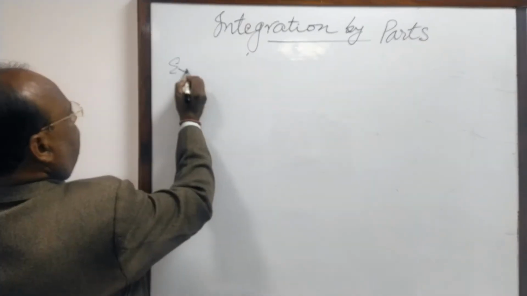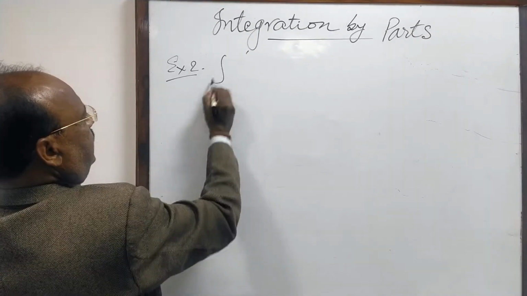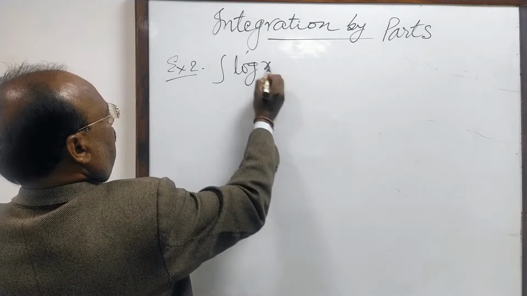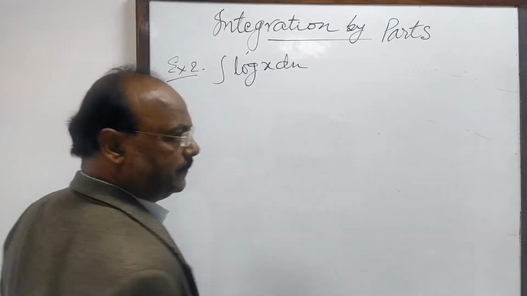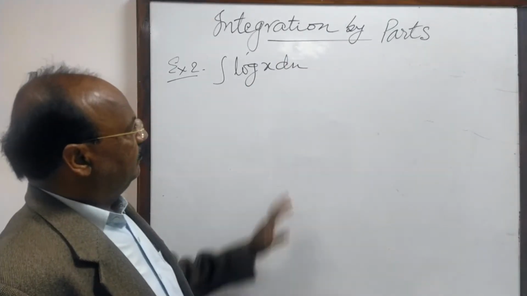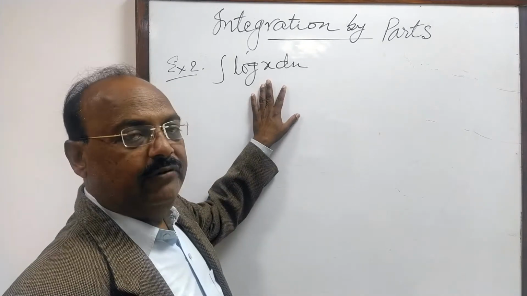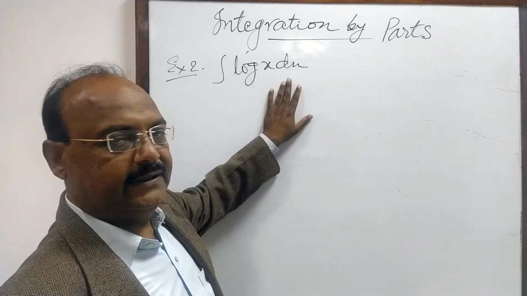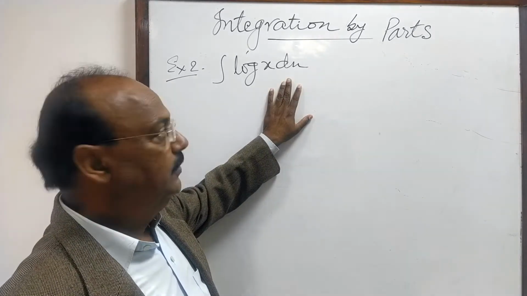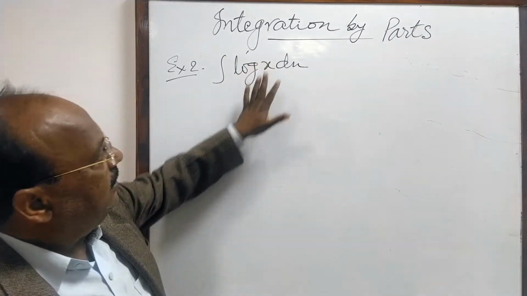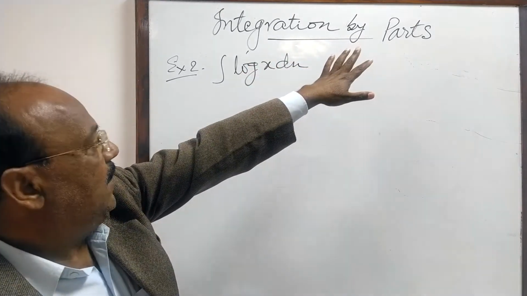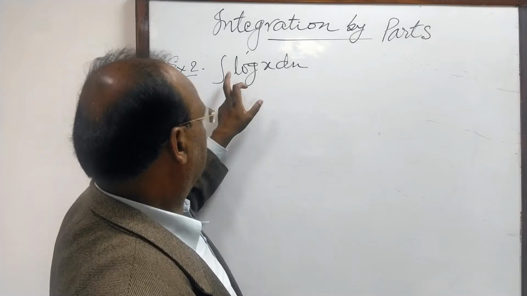The next question is integral of log x dx. Here we find only one function, log of x, but we have to use the same process, integration by parts, by putting 1 here.